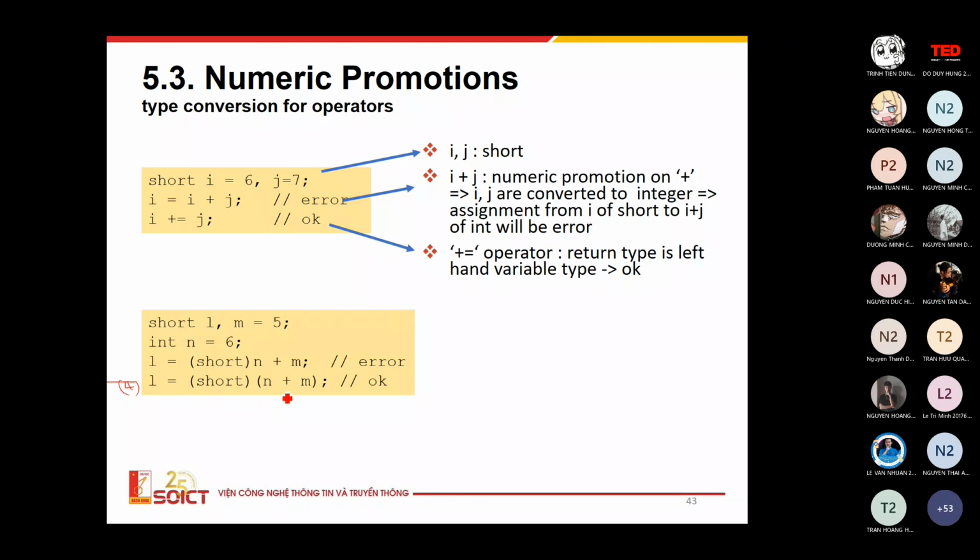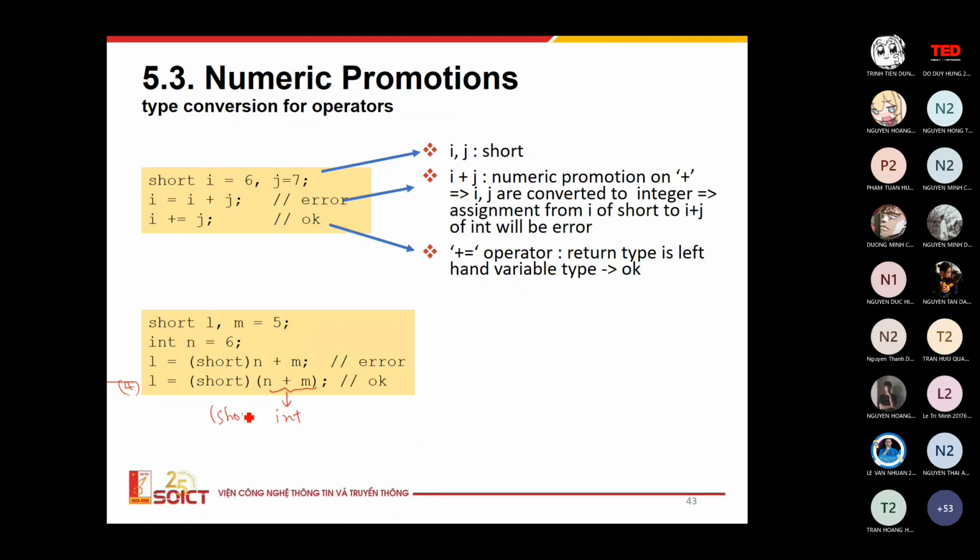N and M. So this addition has a numeric promotion, so the reason it returns an integer value. Correctly. So lastly, we explicitly cast the integer to short.